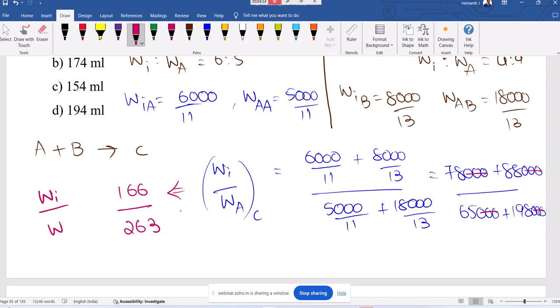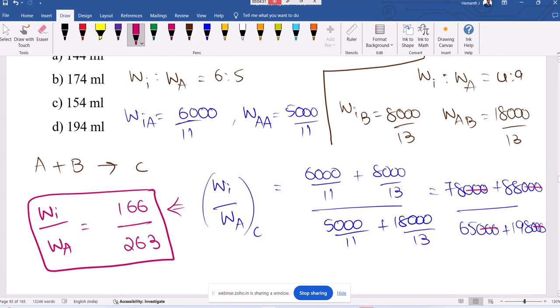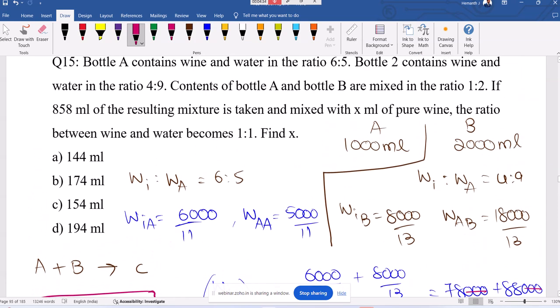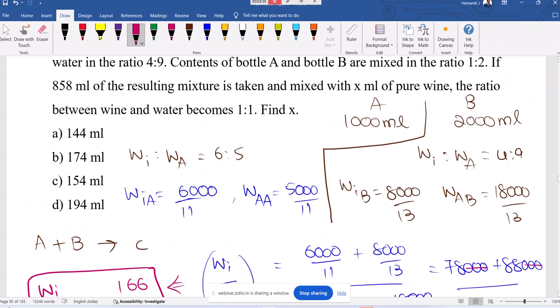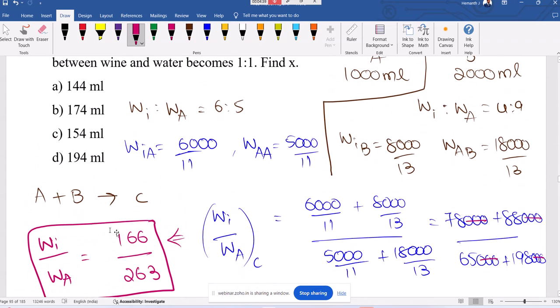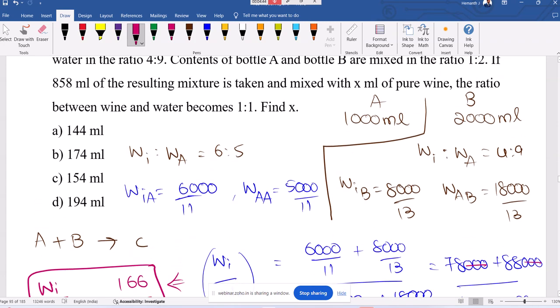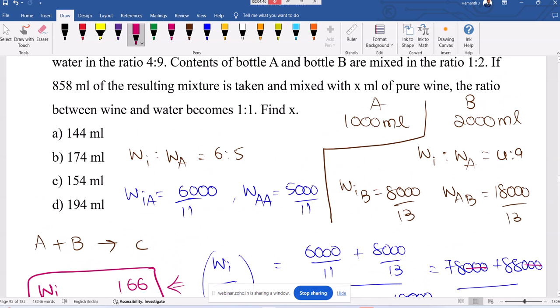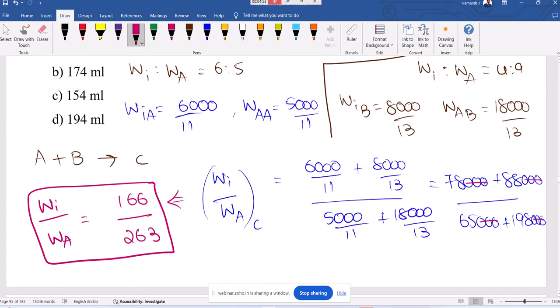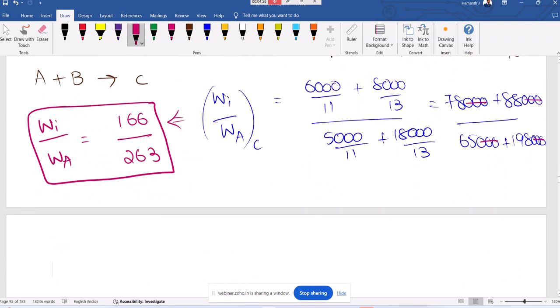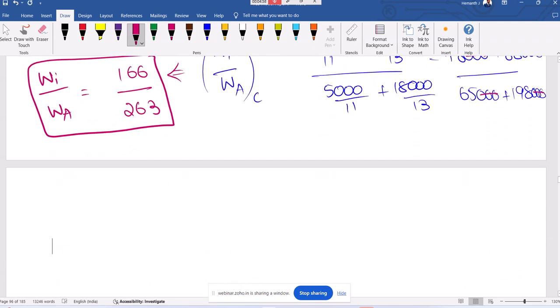Now a can having the ratio of wine and water in this way, from this one you took 858 ml, which has 166 and 263 wine and water ratio. From that 858 ml is taken and mixed with X ml of pure wine, then the resultant is 1:1 ratio. This is a typical question. So listen.